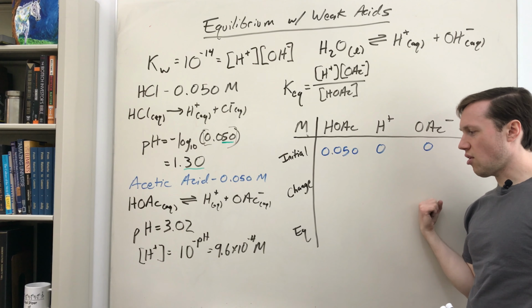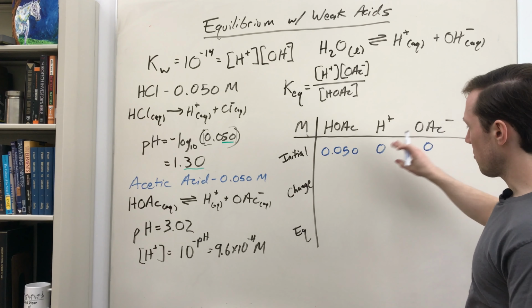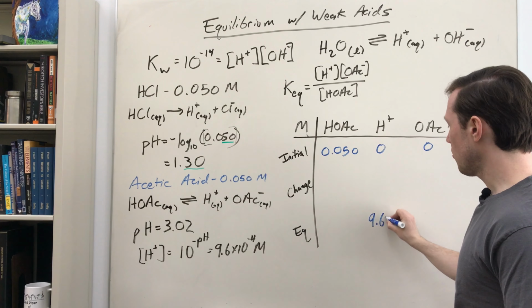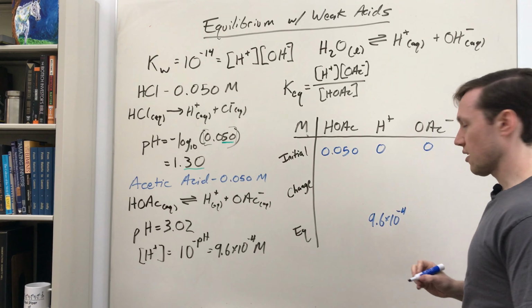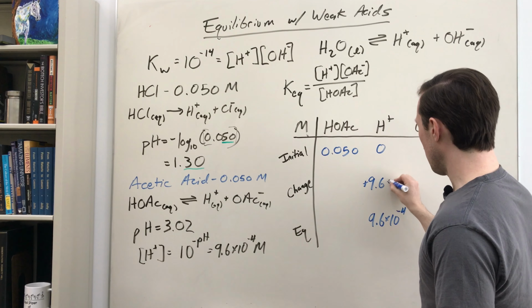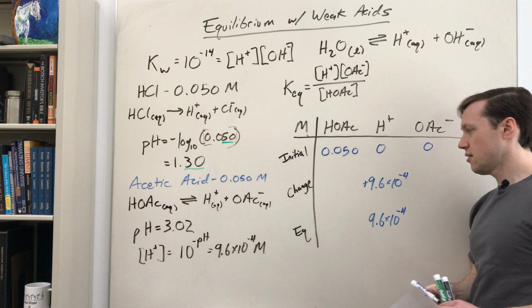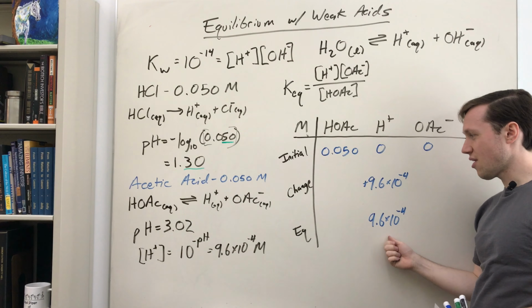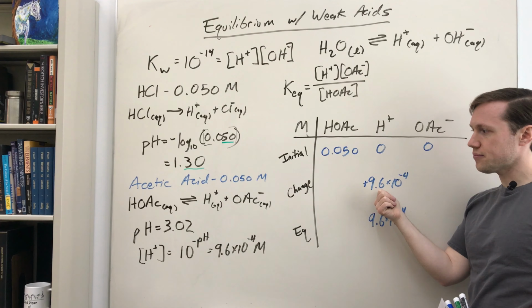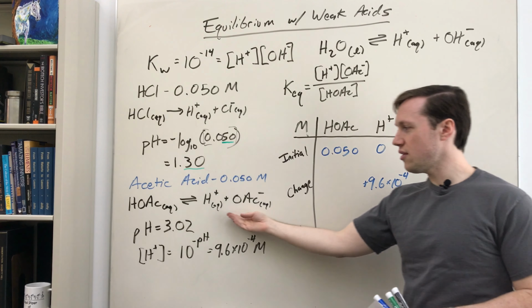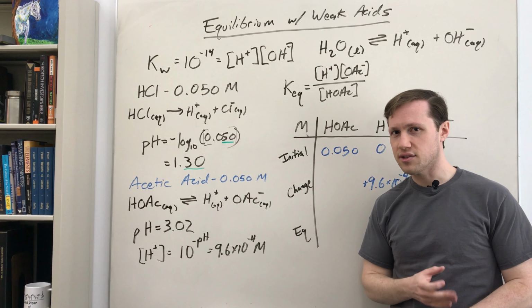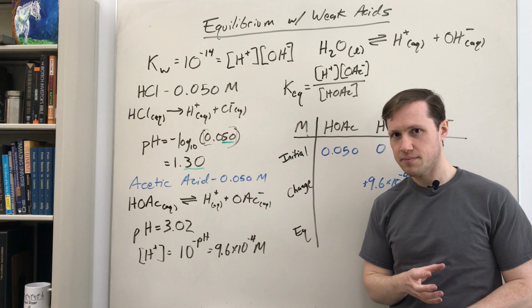Well, we know that when we were all done, when we were at equilibrium, our concentration of H plus was 9.6 times 10 to the negative 4. If that's the case, then our change to go from 0 to 9.6 times 10 to the negative 4 must have been plus 9.6 times 10 to the negative 4. Now's the time that we can put this chemical reaction equation we have to work, because that equation is telling us something very specific.